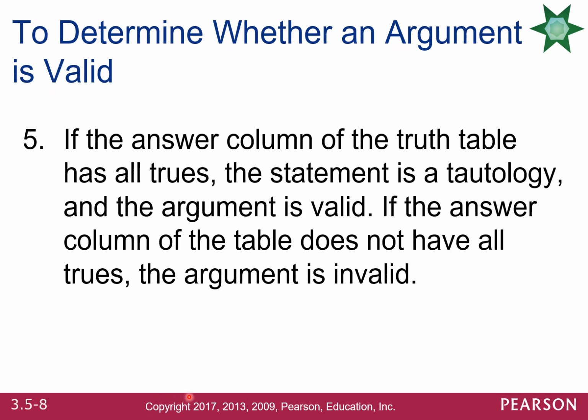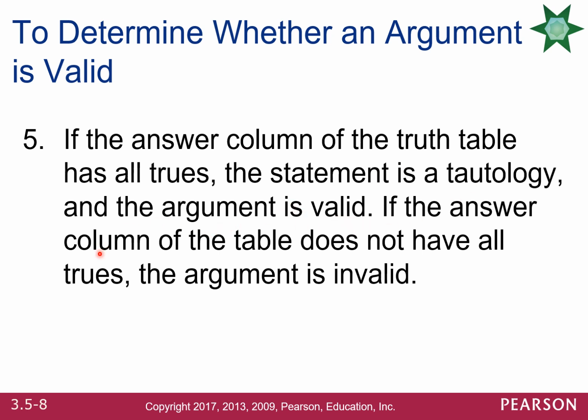In the final step, we will look at the truth values that come from the truth table we created in step 4. If the answer column of the truth table has all truths, then the statement is a tautology and the argument is valid.